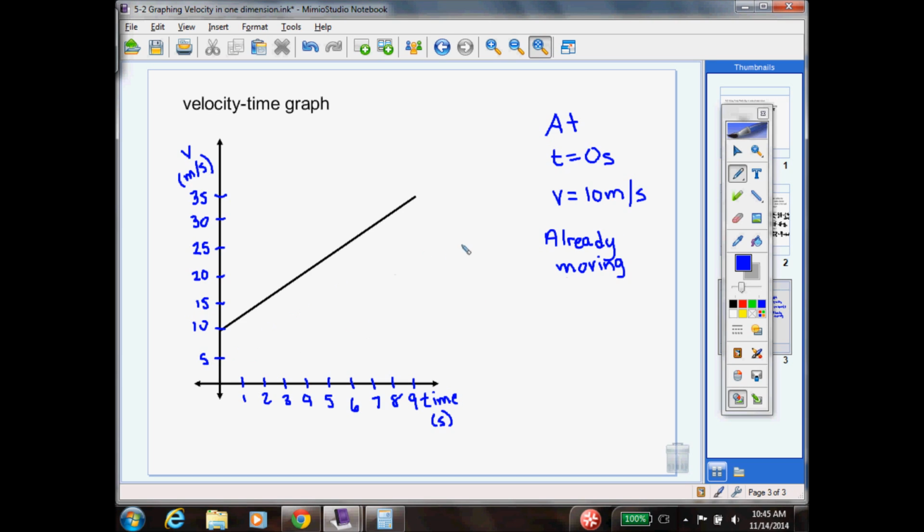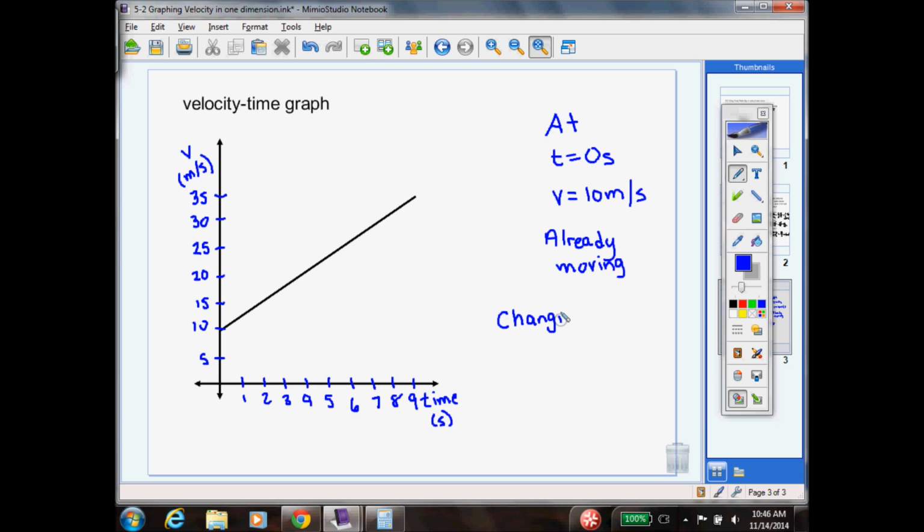As time increases, it's changing. It's actually getting faster and faster. It's not uniform motion. For uniform motion, it would be going the same. It is changing velocity.